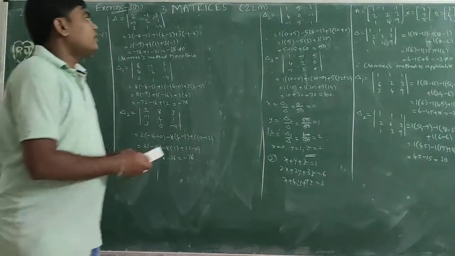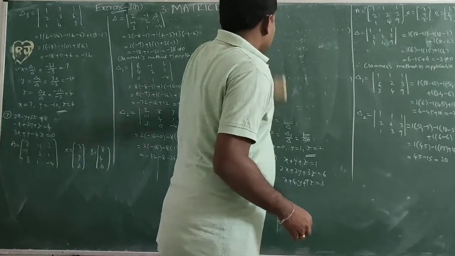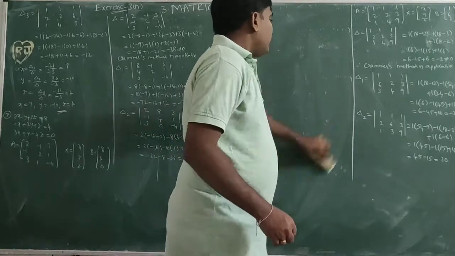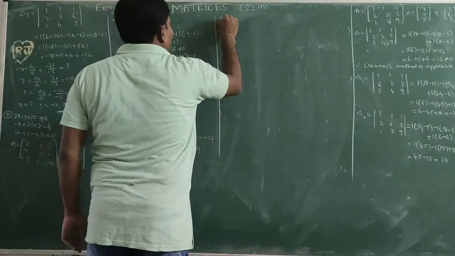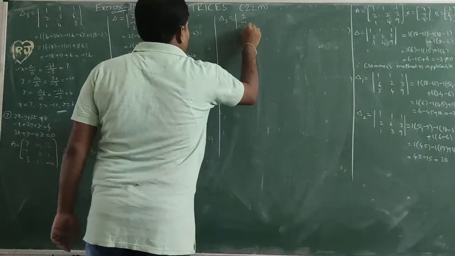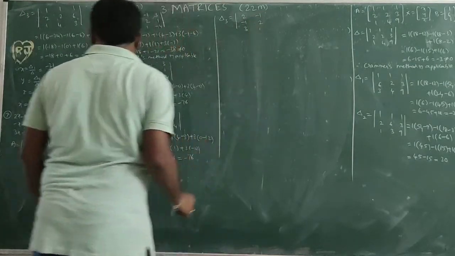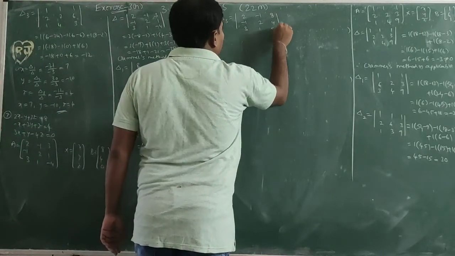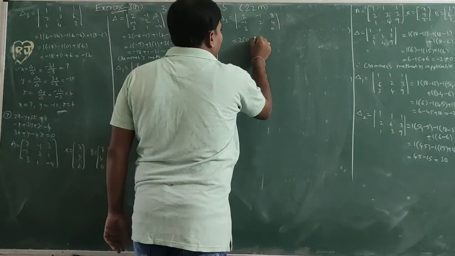Next, third, delta 3. So delta 3 equal to, replacing the third column, first and second columns are the same: 2, minus 1, 3; minus 1, 2, 1. Third column changed to 8, 4, 0. So 2 of 2 into 0, 0, 1 into 4, 4, minus 4.